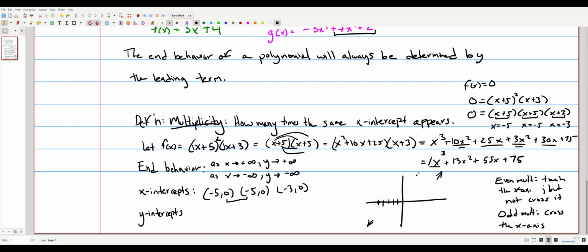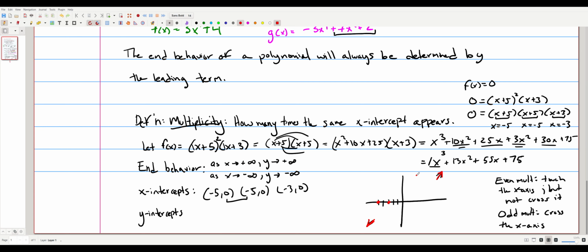Let me do this in a separate color. Red will work better. So here are my end behaviors, where my arrows are going to end up. I have my x-intercept with multiplicity 2 there, and my x-intercept of negative 3 there.